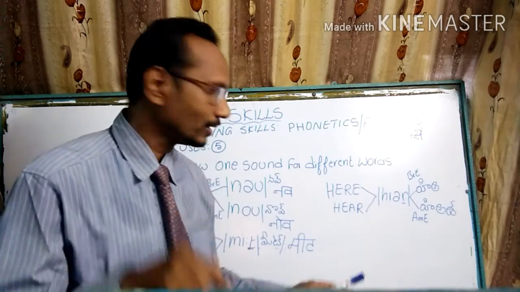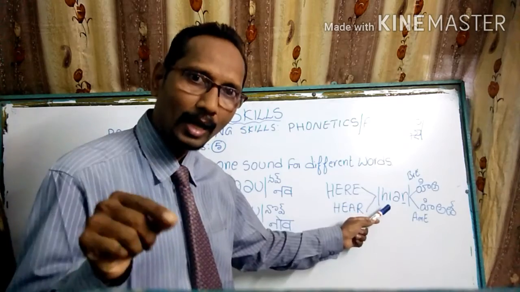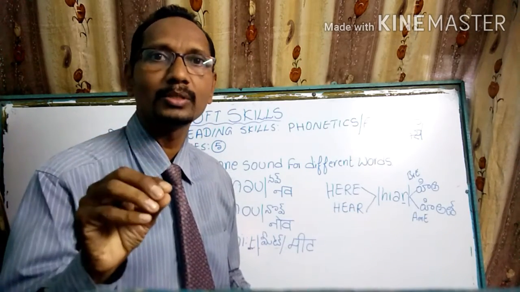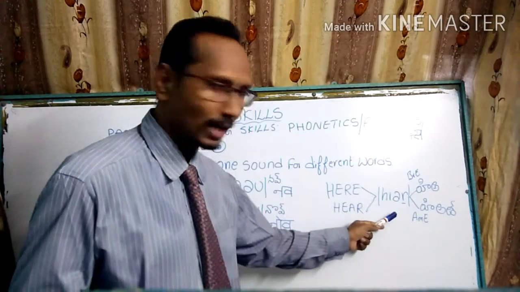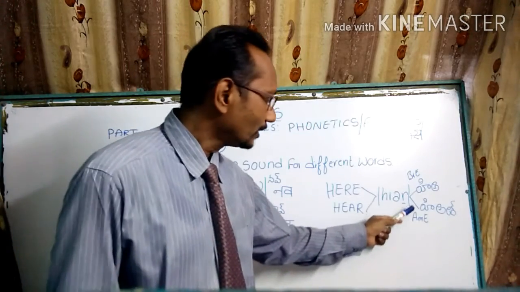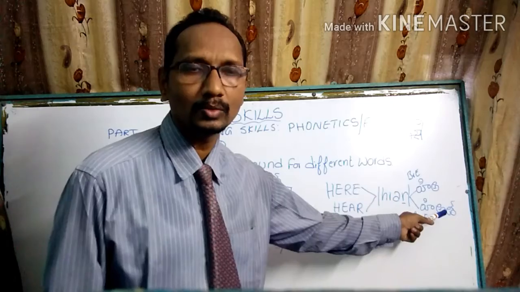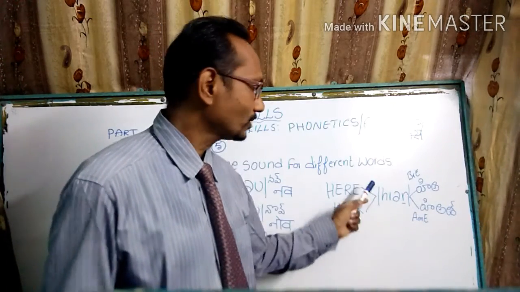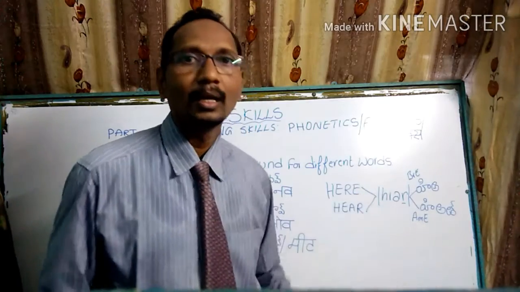Americans use the letter R, and the sound can also be pronounced with R. So that's why Americans call these two words "here" with R. Coming to the British accent, it is "here".